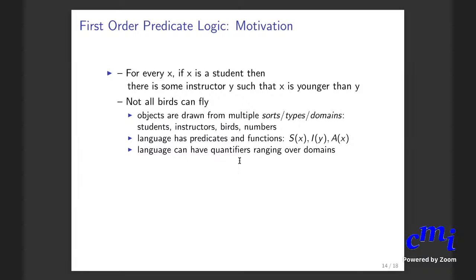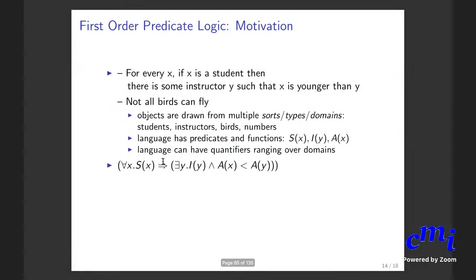We also need a language that has quantifiers ranging over the domains that are part of the language, to say something like, for every X something holds, or there exists an X which satisfies some property. These are the three things that predicate logic introduces that are not there in propositional logic.